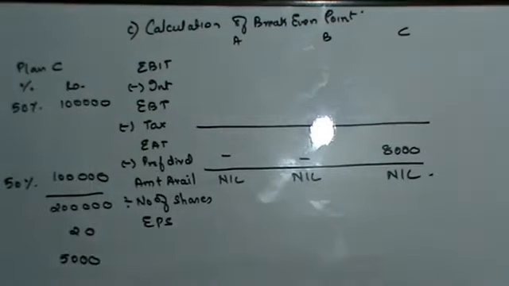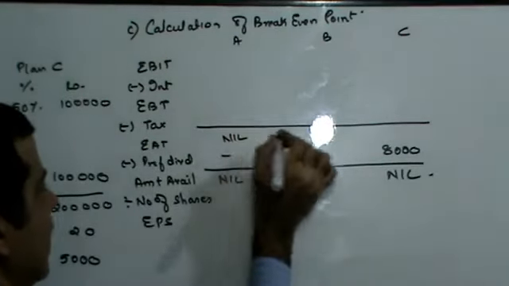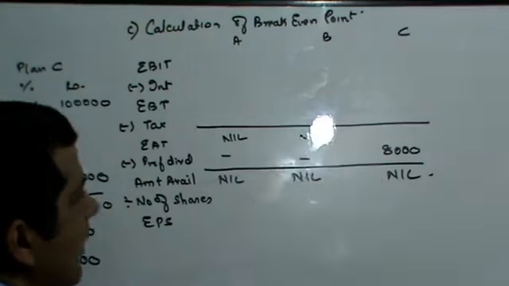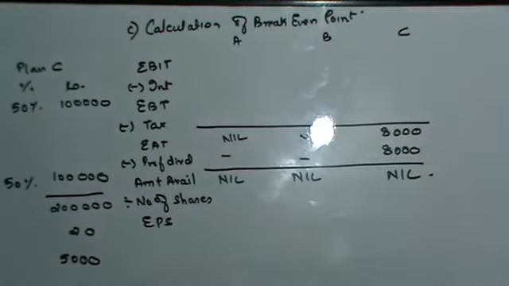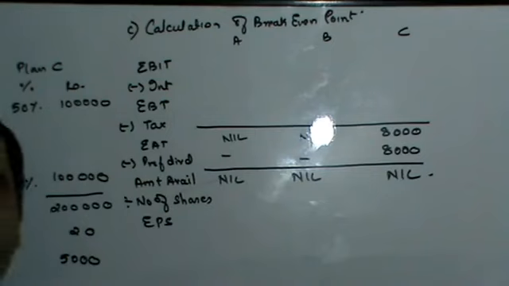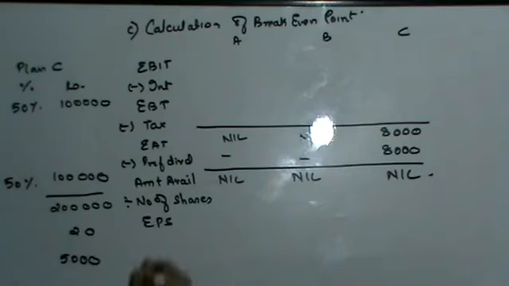Therefore, nil. EAT will be nil here. We know that 8,000 minus 8,000 will give you nil. Hence, your EAT for plan C will be 8,000. Tax rate is given to you as 50%. If tax is 50%, then EAT will also be 50%. Simply it means that whatever is your EAT, tax will also be the same thing.